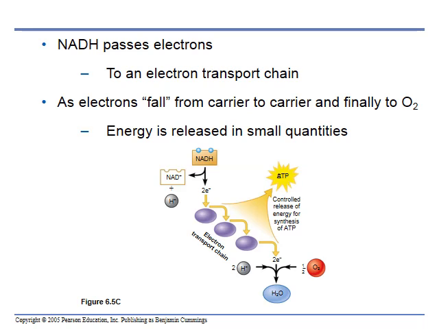So NADH passes electrons to something called an electron transport chain. This is actually where we're going to get most of our ATP, as these electrons fall from one carrier to another, and they end up with the best electron acceptor out there, oxygen. And each time this happens, energy is released in small quantities.